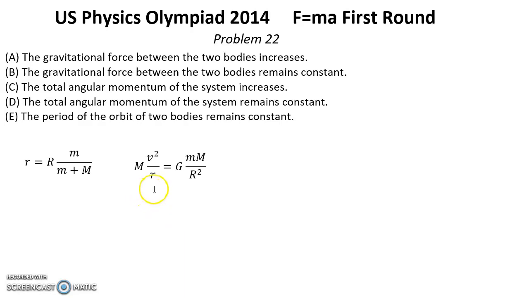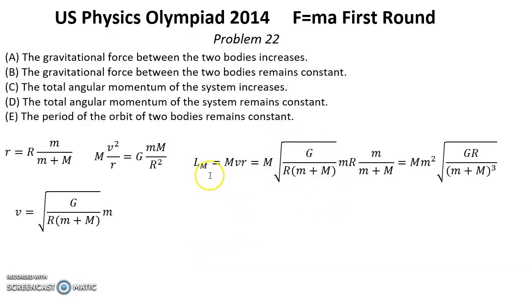We have a centripetal force, which is big M v squared over r. That's equal to the gravitational force between the two bodies. And from here we can count v. And the speed of this big mass equals this expression. The angular momentum for the big mass equals big M v r. And after these insertions we have this expression.